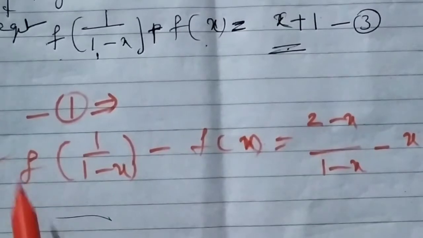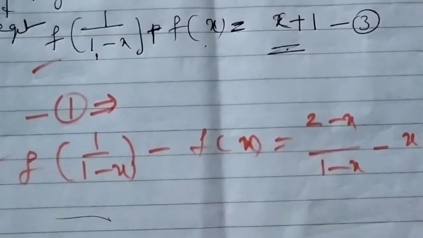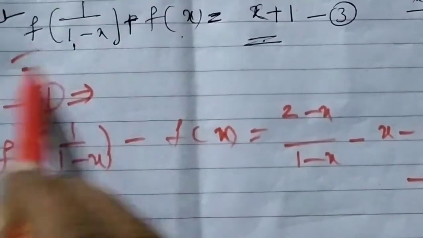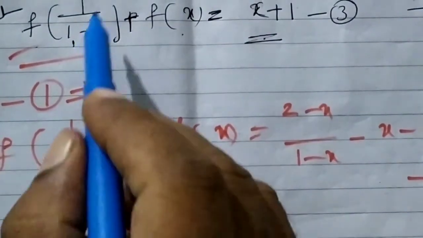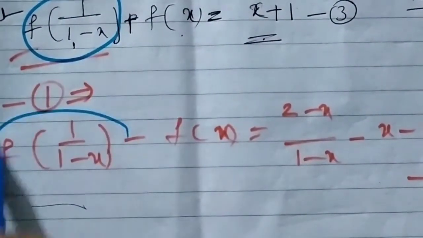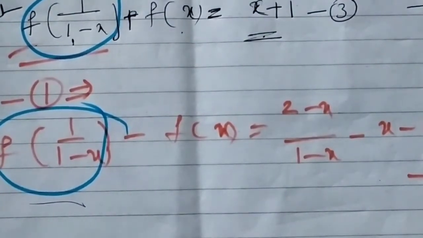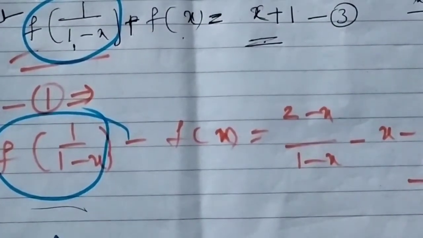So we are getting this equation, but the third equation and this so obtained fourth equation have the same term, f of 1 minus x, common in both equations. So to get the required equation we have to subtract equation 4 from equation 3.